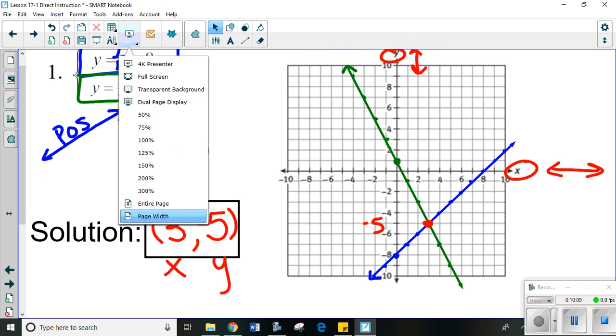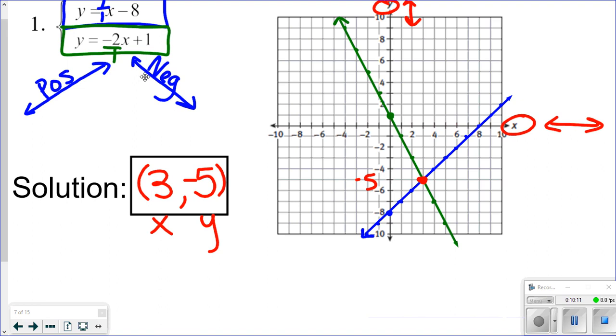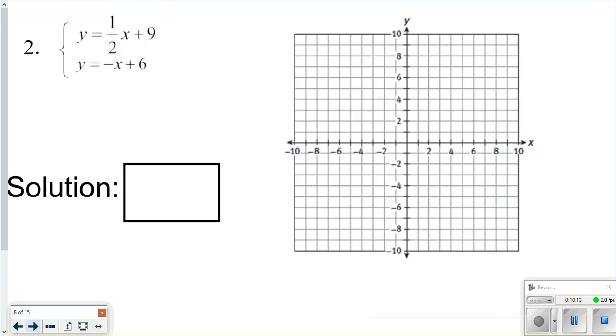Okay, let's take a look at question 2. Step 1 says to convert to slope-intercept form if necessary, which is y equals mx plus b. But if I'm looking, they're already in slope-intercept form, which is nice. So I'm going to graph this one first.